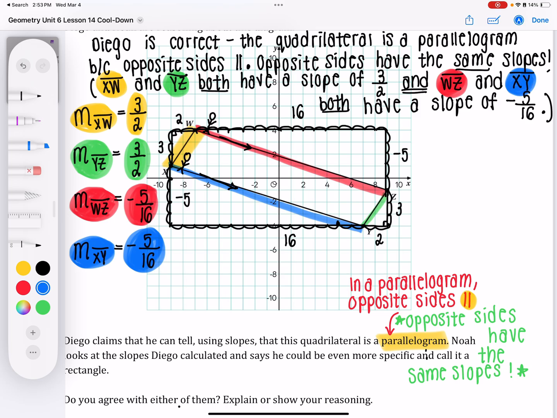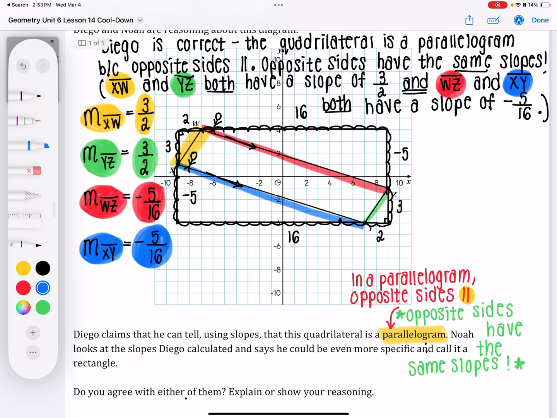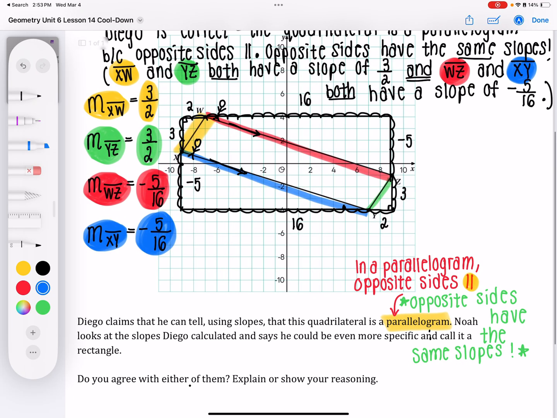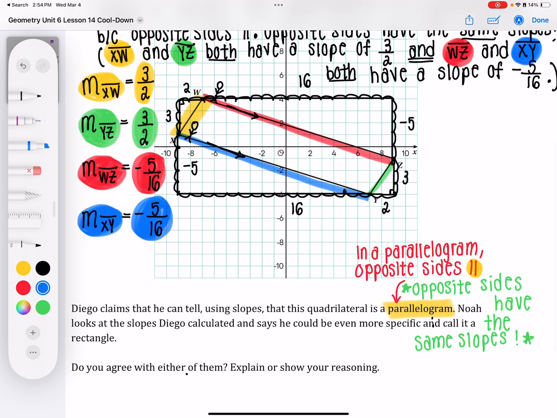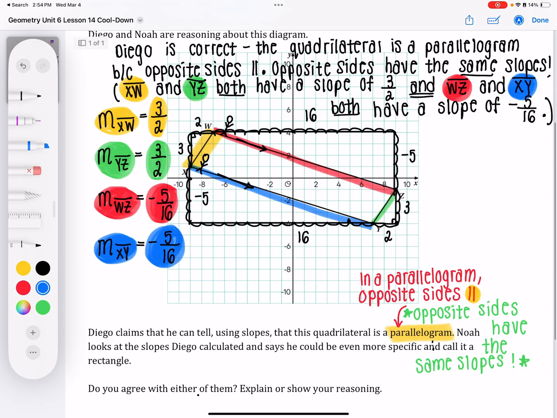And next we're going to see if Noah is correct. Noah then looked at the slopes Diego calculated and says he could be even more specific and call it a rectangle. So we're going to take a look at this and underline the word rectangle.